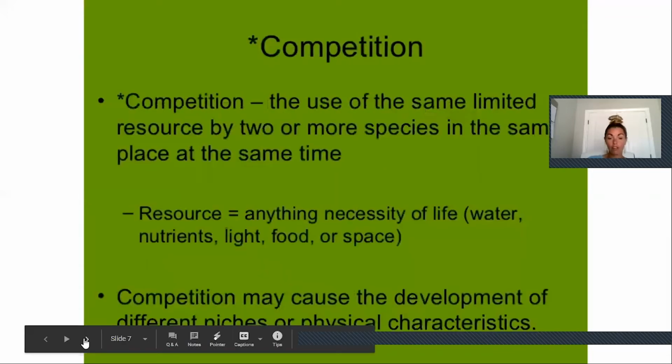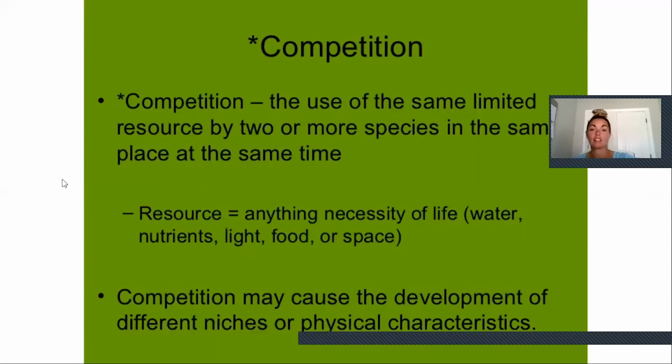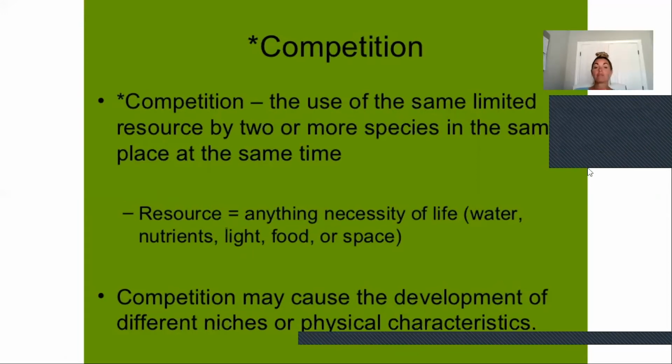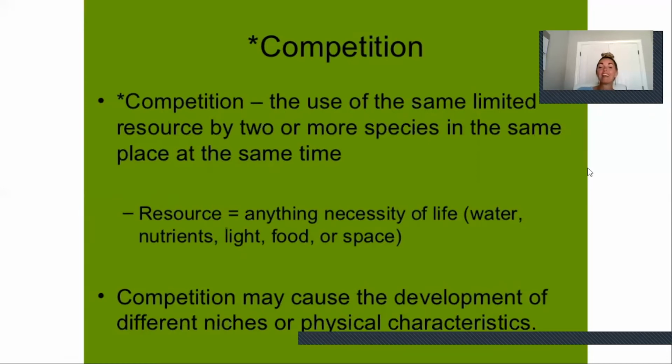All right, moving on. Okay, the next one we're going to talk about is competition. Competition: the use of the same limited resource by two or more species in the same place at the same time.